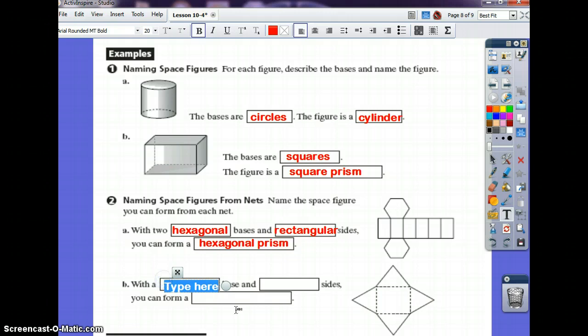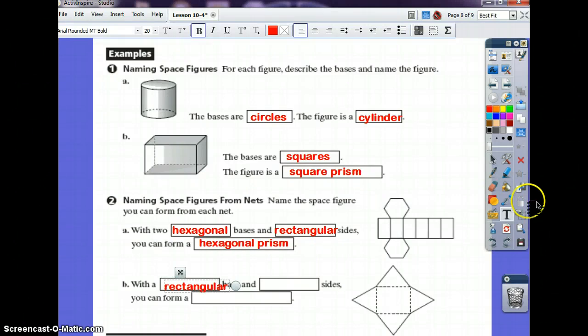In example B, it has one base. So right off the bat, I know this is going to be a pyramid with triangular lateral faces. And it's kind of hard to tell if the shape of the base is a rectangle or a square. It kind of looks like a rectangle.